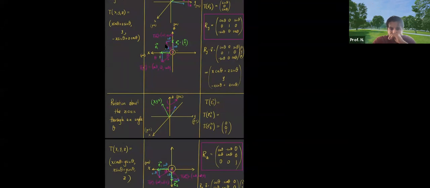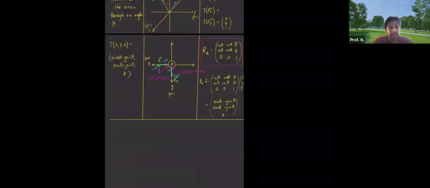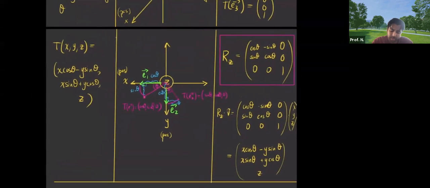Leonardo, you have a question? Isn't it cosine, sine theta for the first row? Are you talking about this one?